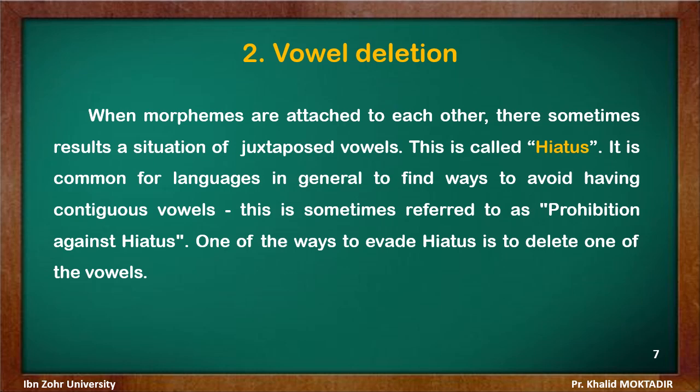This is called hiatus. It is common for languages in general to find ways to avoid having contiguous vowels. This is sometimes referred to as prohibition against hiatus. One of the ways to evade hiatus is to delete one of the vowels.